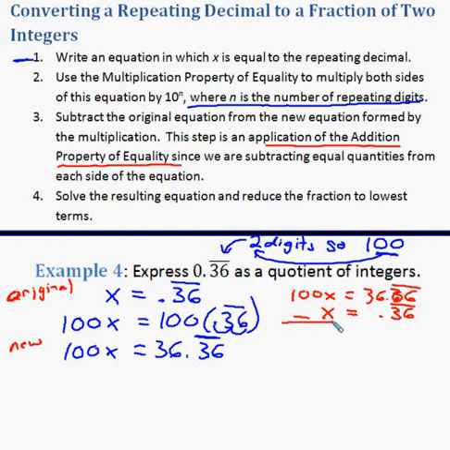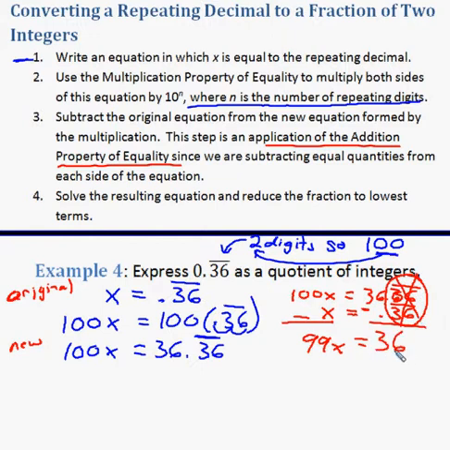So we're going to go ahead and subtract these. Well, 100x minus x is 99x. What is nice here when we subtract this, 36.36 repeating minus 0.36 repeating, these are the same thing. So those decimals are lined up, that becomes 0, and we're just left with 36.